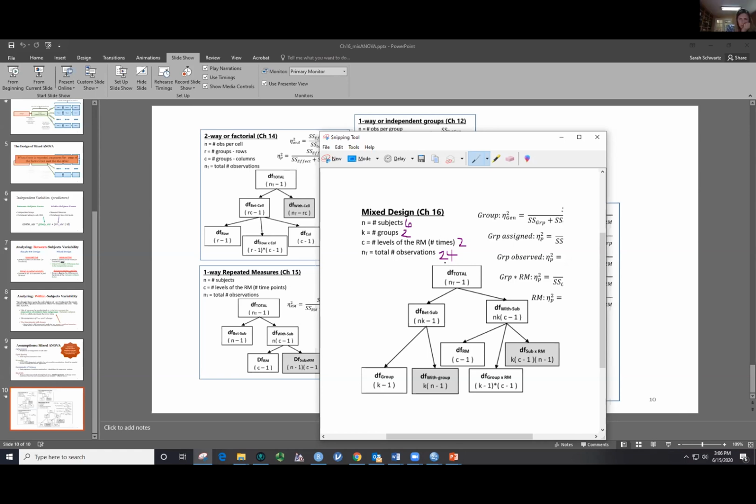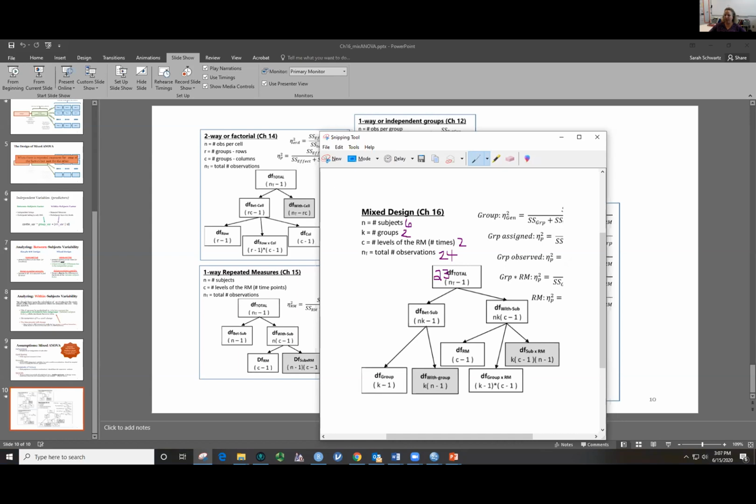So let's start at the top of our tree and fill it all out. The total degrees of freedom is the total sample size minus 1. We have 24 scores, so the total degrees of freedom are 23. So let's do our breakdown. Between subjects should be n times k.